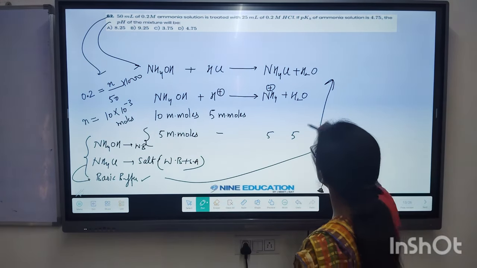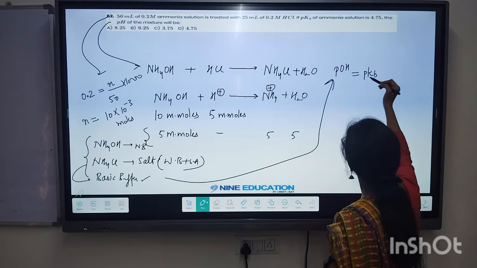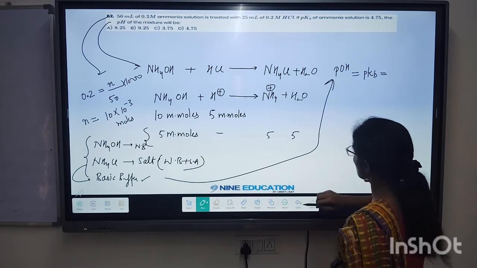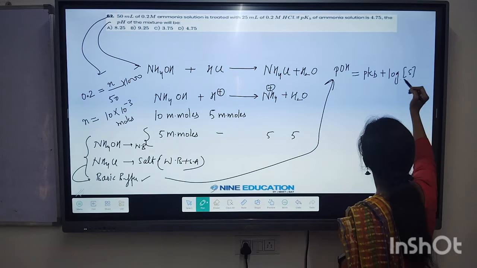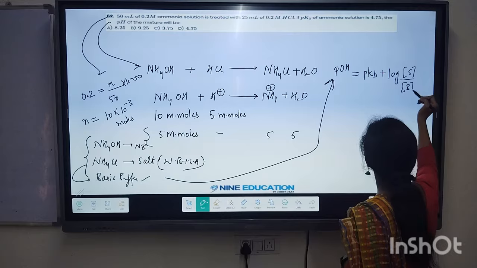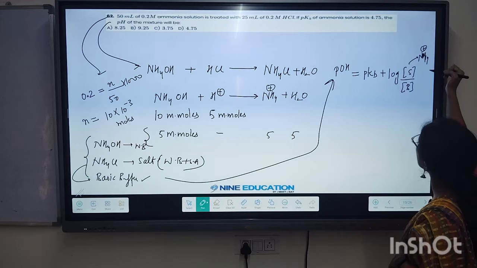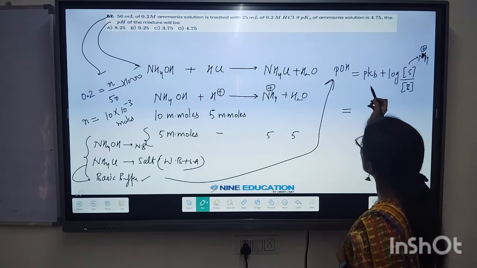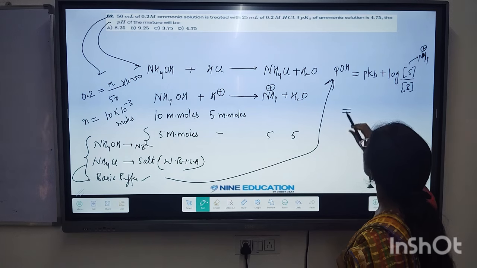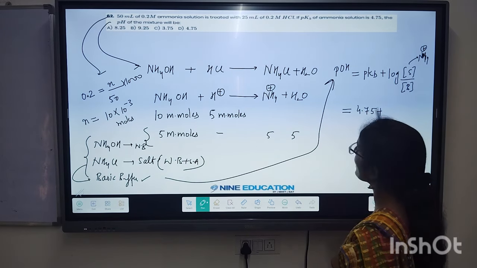So for this basic buffer we have a pOH formula: pOH is equal to pKb plus log of salt concentration divided by base concentration. When I say salt concentration here, I am referring to NH4 positive concentration. If we put this in the formula, pKb given is 4.75, plus log of S by B.